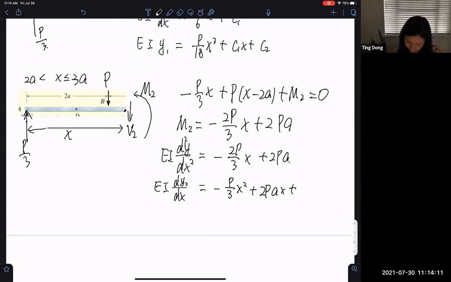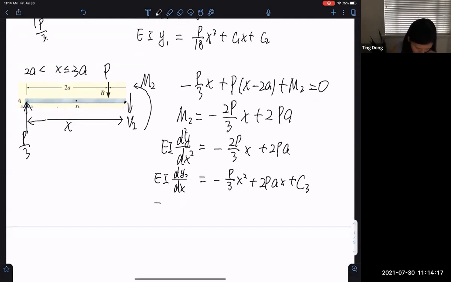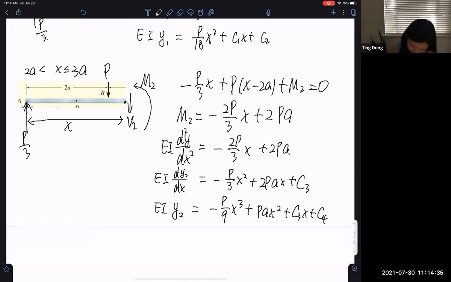Since we have C1, C2 in the first equation, now this unknown coefficient we put as C3, and EI y, the deflection as a function of x, is -P/9 x cubed + Pax squared + C3 x + C4.